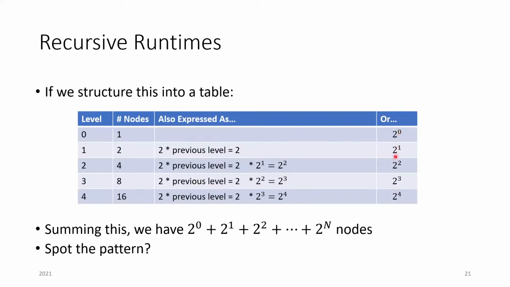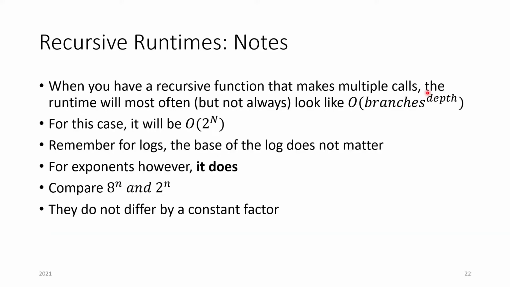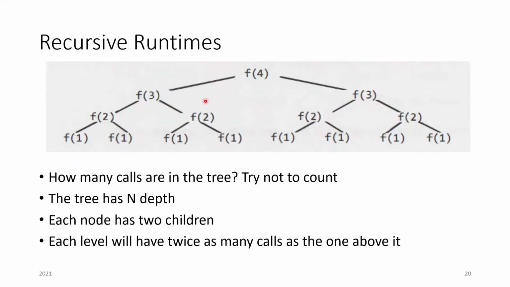we see that the relationship can be structured into a table. So we actually observe that pattern here, and if we add this pattern accordingly, I'm going to jump back to the tree. For each one of these nodes there will always be 2 branches, and the depth of the tree is the levels.